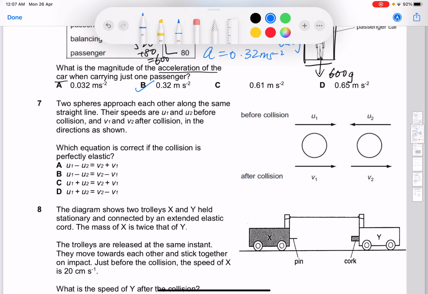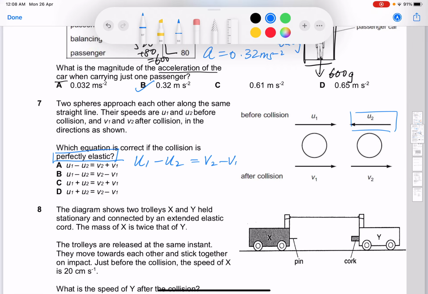Okay, question 7 is about the relative velocity of approach and relative velocity of separation, and you should be able to memorize this: u1 minus u2, if there's a perfectly elastic collision. This is the relationship between the velocities. But the question is quite tricky in that it has defined the initial velocity as in the opposite direction.